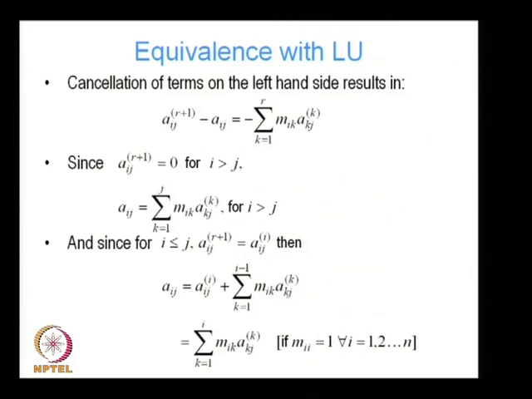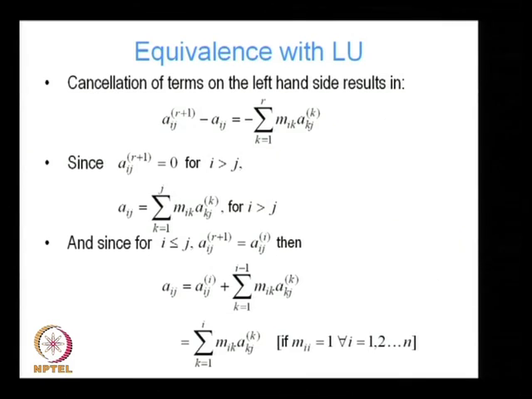Again, let us recall that for i lesser than or equal to j, that is for elements above the principal diagonal, a_ij^(r+1) is equal to a_ij^(i), that is it gets frozen at its value a_ij^(i).